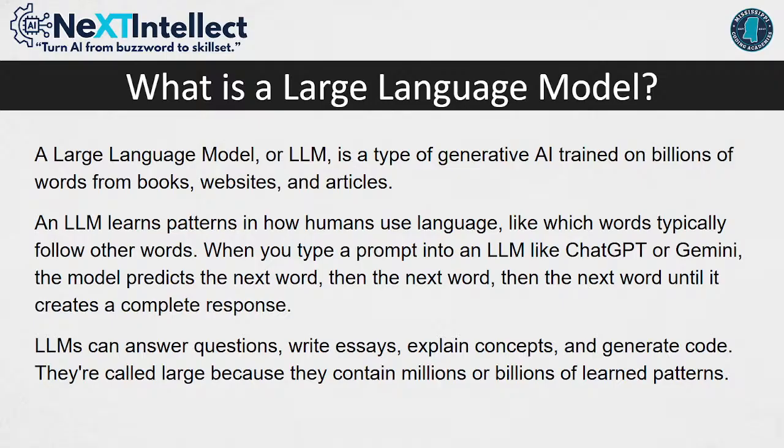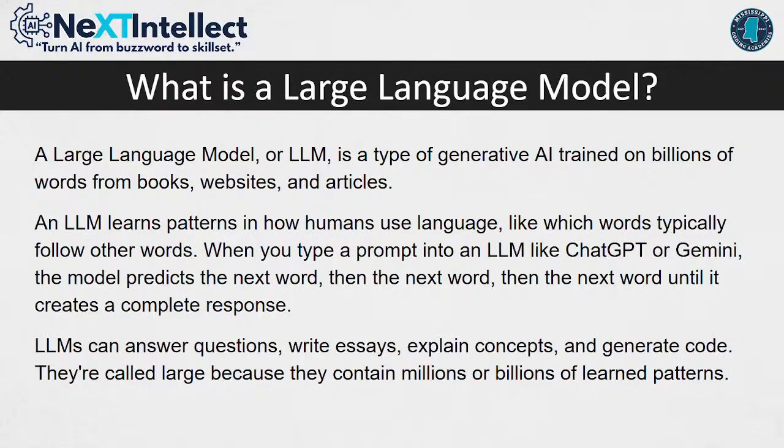Note there are small language models that aren't trained on as much language. This is what ChatGPT and Gemini use to pull on information, like when you're writing an essay on how to write an essay, and to know all these historical topics that it has access to in its training.